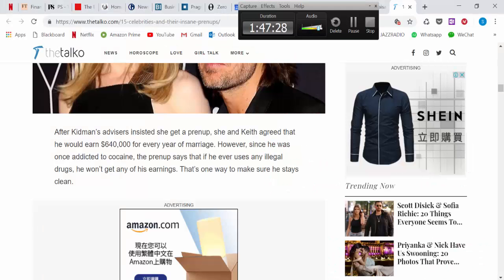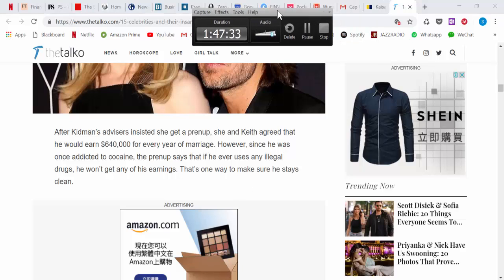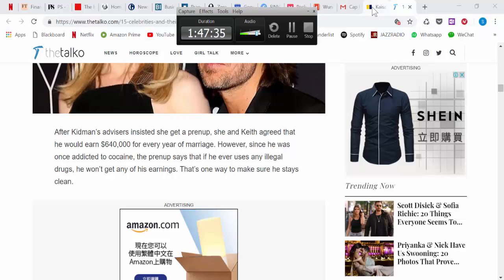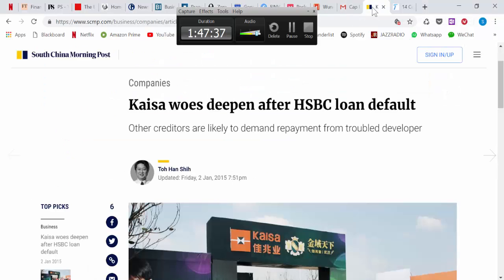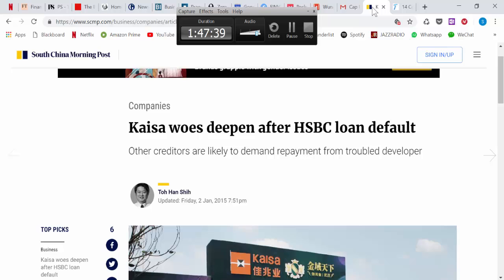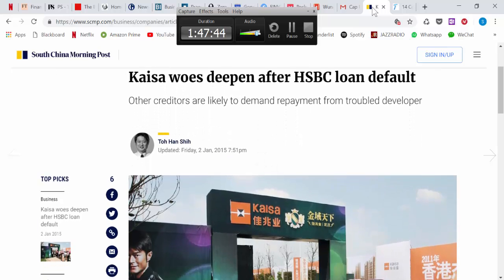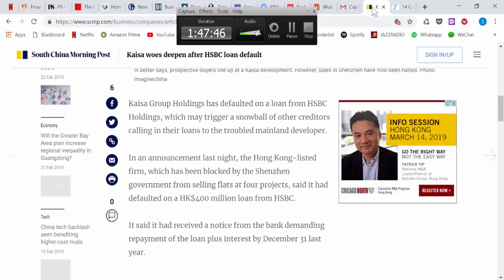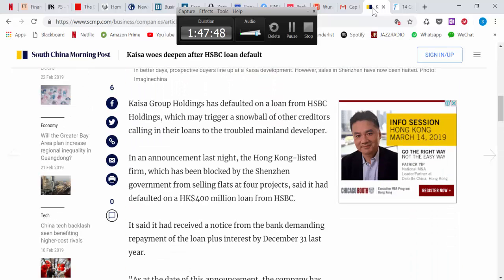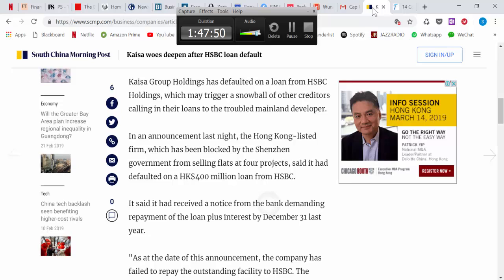Look at what I just showed you, not this one. This case. Now, this was in the South China Morning Post. So this was reported. So you can't keep a secret. It's not really possible. So sooner or later, somebody will talk, and you see, Kaiser Group Holdings has defaulted on a loan.